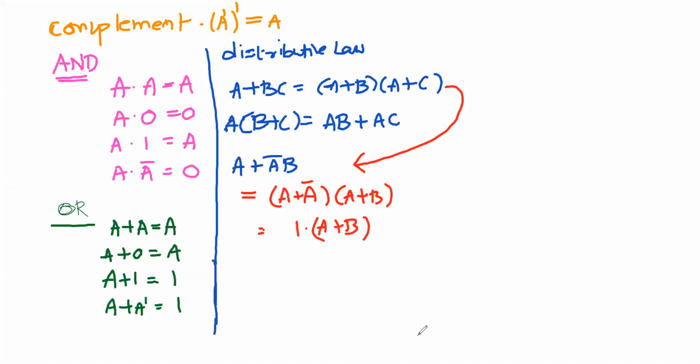So it will be A or with B. So we will be using this: A plus A complement B, A or with A complement B is equal to A or B, right?